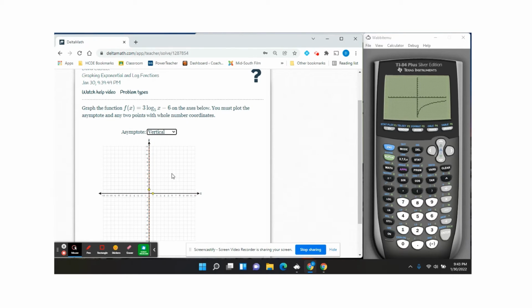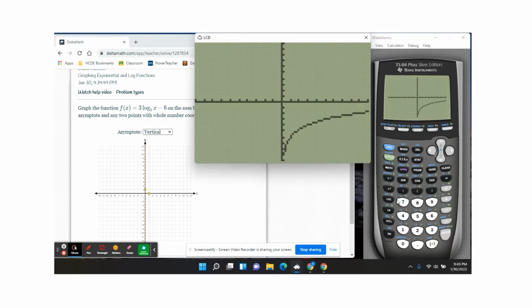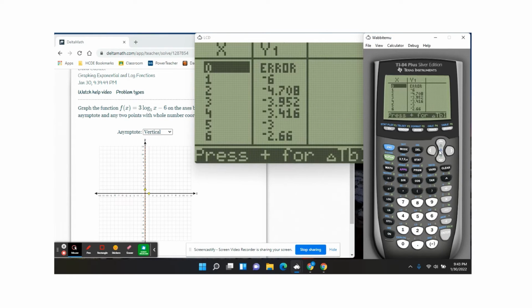Now we've got to plot 2 points on this function. We can see these are both below. So what I'm going to do is, again, go back to my table and hit second table and find 2 points that are easy to graph.